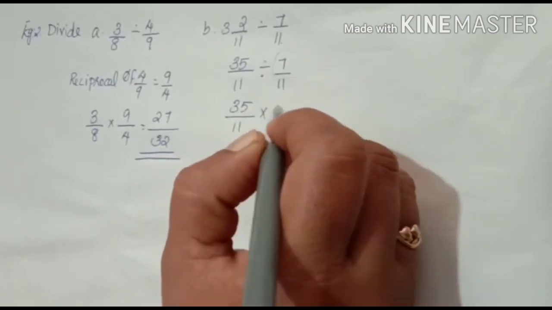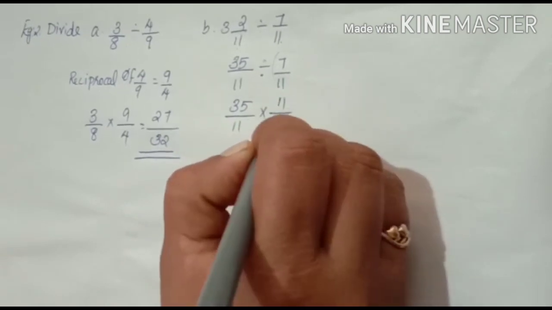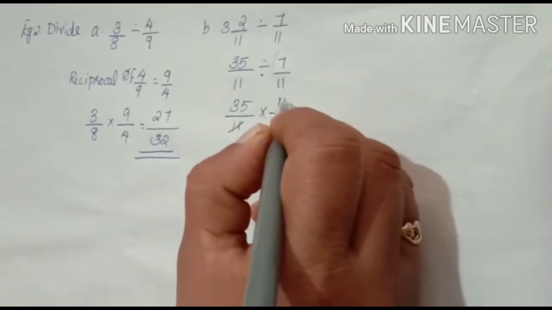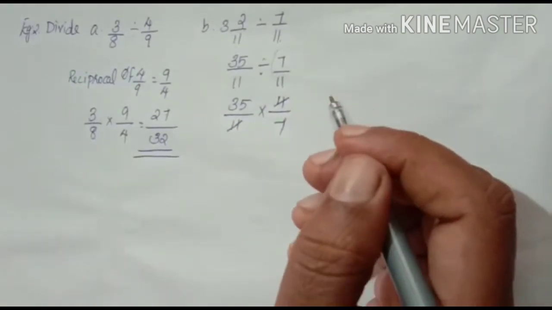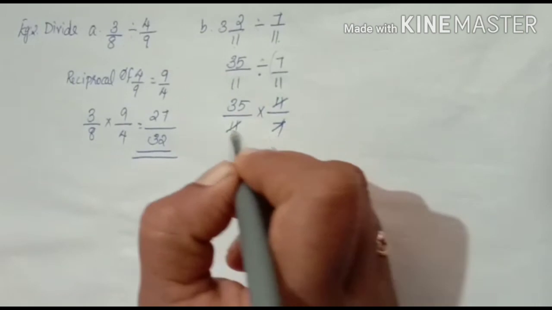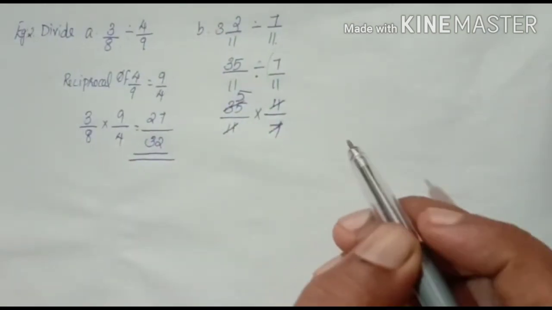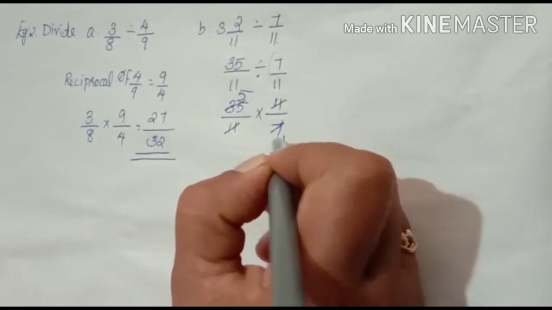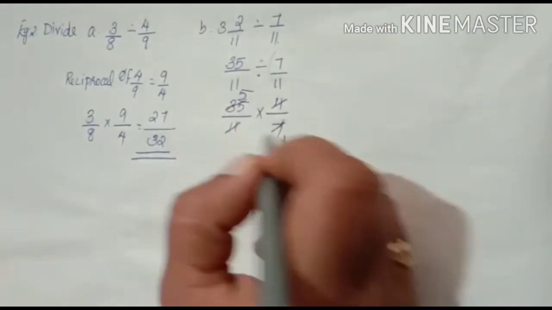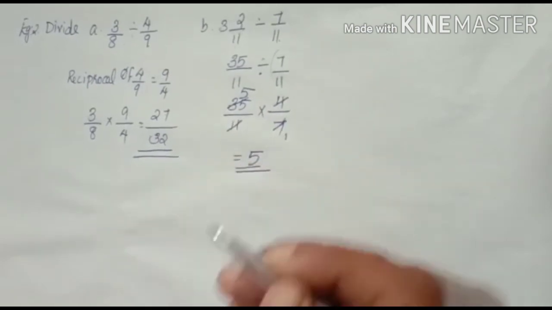Reciprocal of 7 by 11 equals 11 by 7. So we can cut these two. Again we can cut here 7 and 5 times 7's are there in 35. So 5. 5 by 1 means 5 itself. 5. Clear?